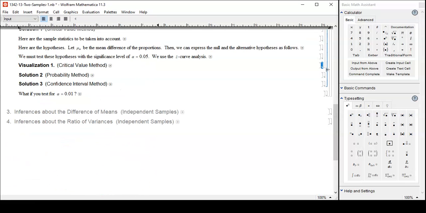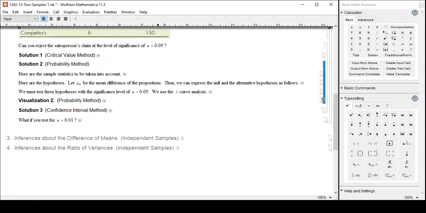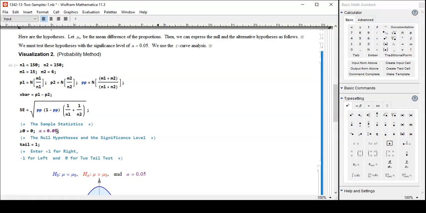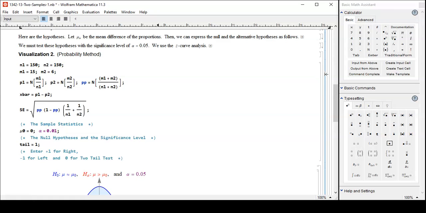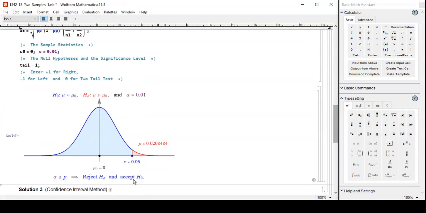If you use the probability value approach, we get this. So 0.06, and then calculate this probability.